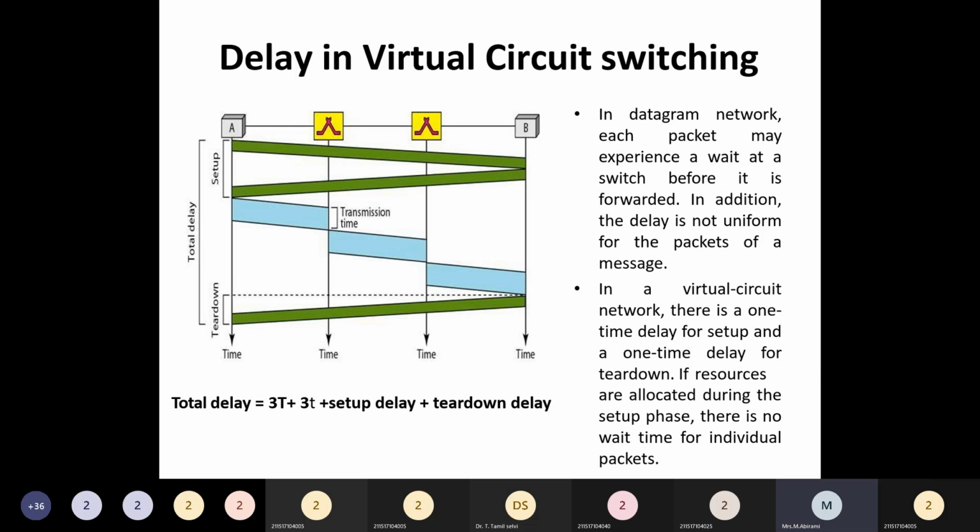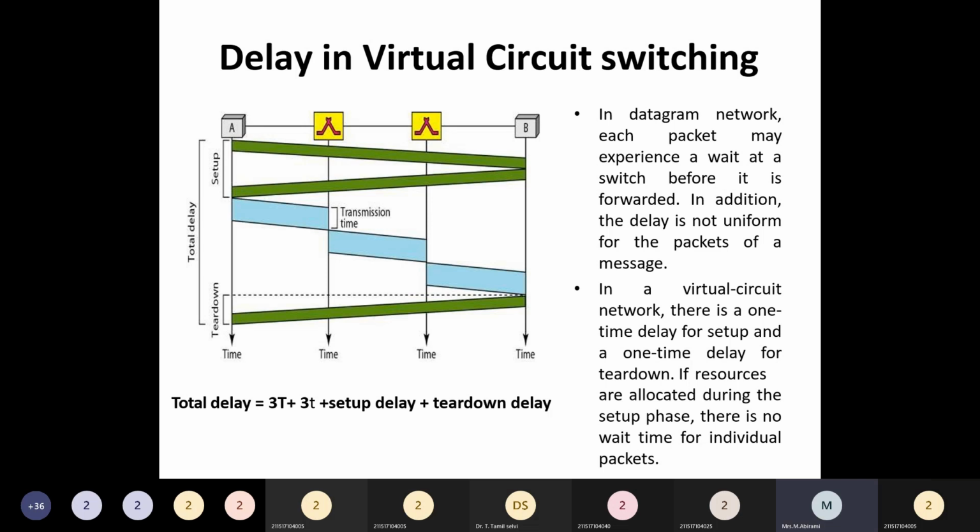How to find the delay in virtual circuit switching? So we already know that in a datagram packet switched network, the time delay depends on the propagation time and waiting time, isn't it? Okay, so the setup and tear down delay is also calculated in a datagram network or virtual circuit network.